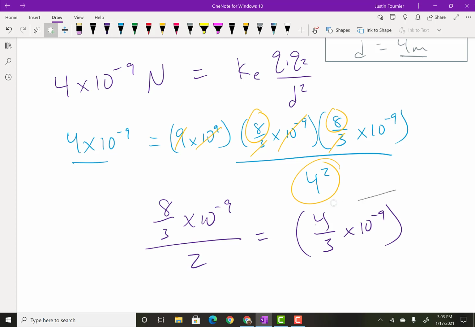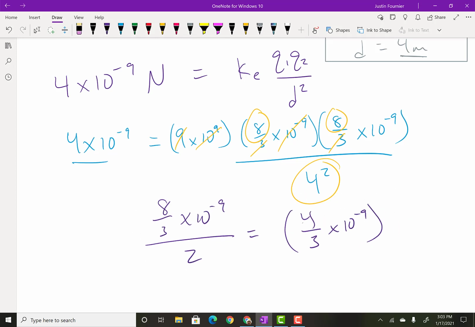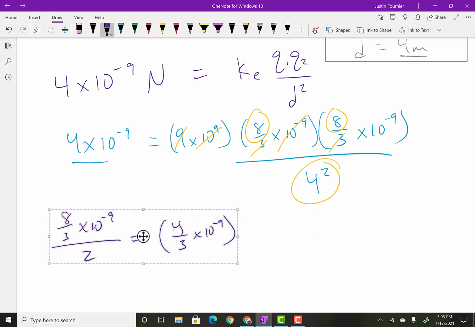That's reducing that by a factor of 2. So that's reducing the one charge by a factor of 2, but I'm also going to reduce the distance by a factor of 2. So if my distance is 4, reducing it by a factor of 2 is going to be 2, right?